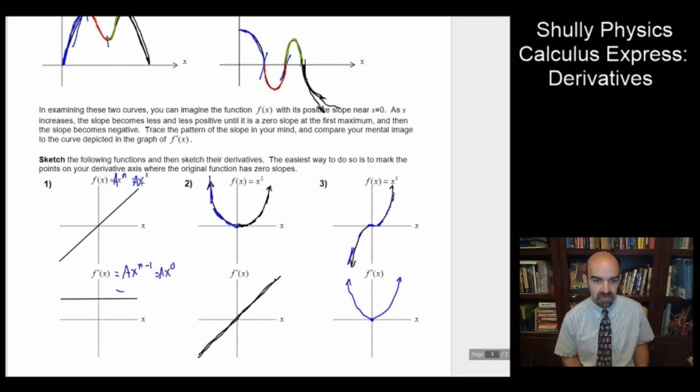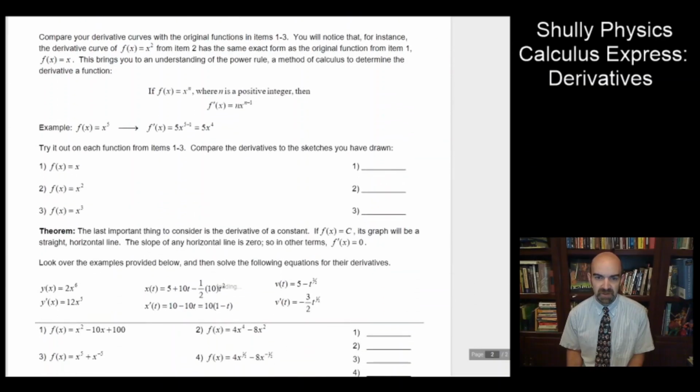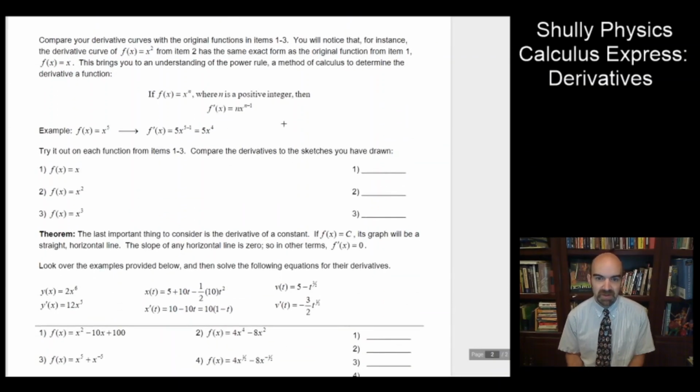So if this was a 2x to the first power, then down here we would have 2x to the 0 power. So this might be up here at like, that's 1 and then 2 along the y-axis there. So what we see here is something called the power rule for derivatives. And that's what's defined out in front.